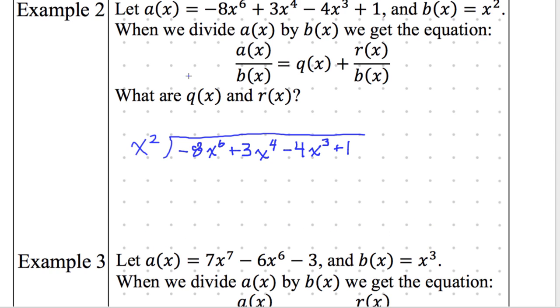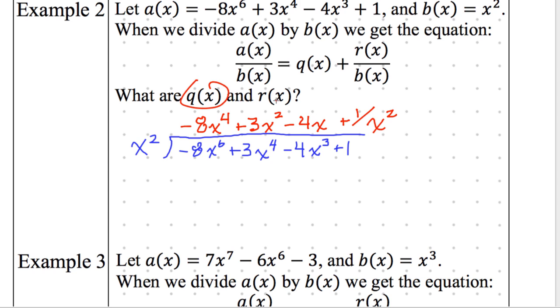Go for it. We're back on example 2. We have set up our problem on the off screen. Most people are doing this without even writing anything down here because they can easily divide by x squared. So I'm going to do this really nice and quick. Here we go. This is going to be negative 8x to the 4th plus 3x squared minus 4x. And then this 1 is a remainder, so it's going to be plus 1 over x squared.